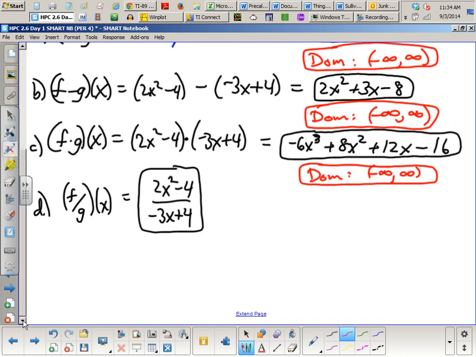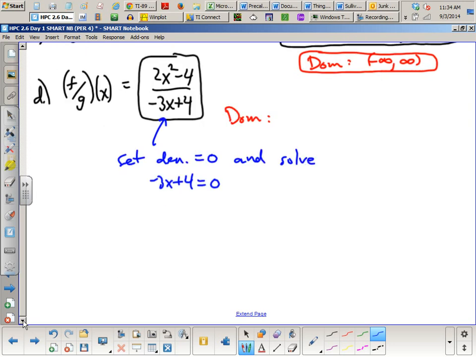But when you write down the domain, this is a fractional answer. So we just have to make sure that denominator is not 0. So let's set the denominator equal to 0 and solve. Negative 3x plus 4 is equal to 0. Means x equals 4/3 is restricted. So just solve it to find your restricted values.